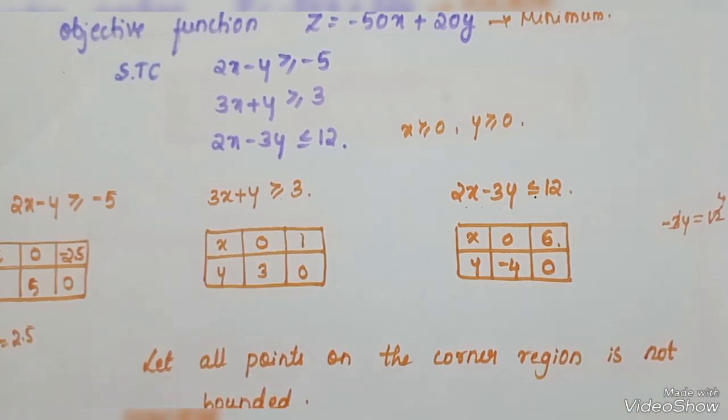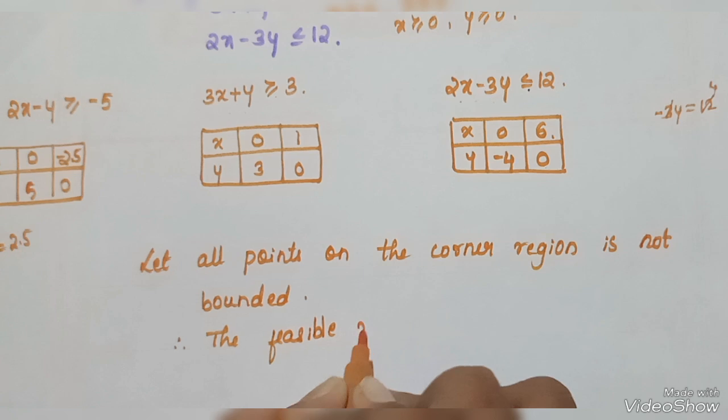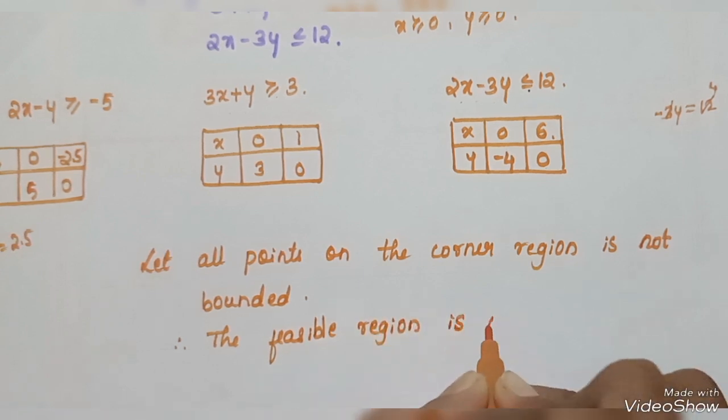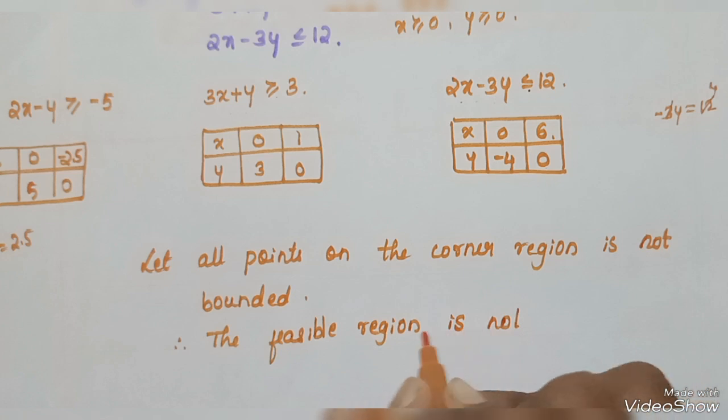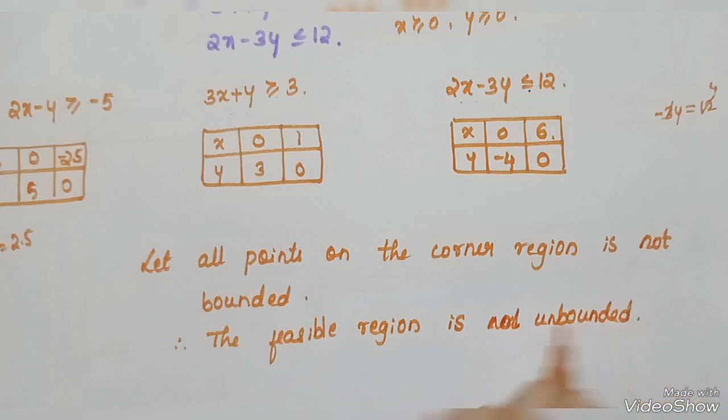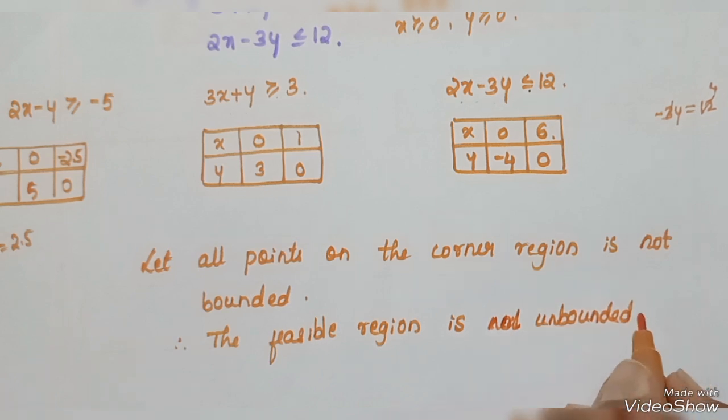Therefore the visible region is unbounded. The visible region is unbounded. We have to consider the corner points.